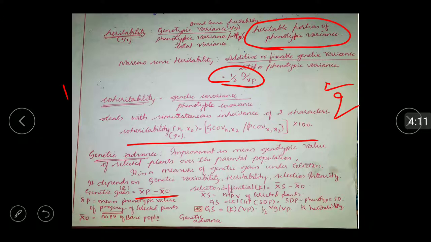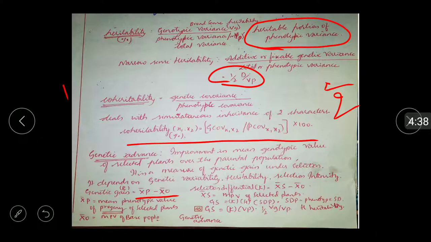Selection differential is denoted by K, and genetic gain is denoted by R. Selection differential is the difference between the mean phenotypic value of selected plants and the mean phenotypic value of the base population.